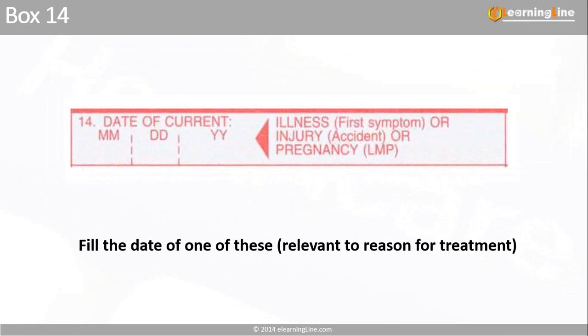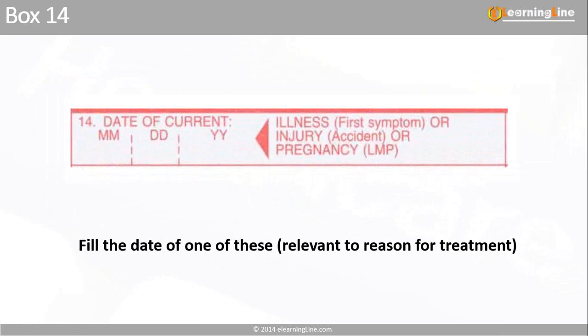So let's say the patient comes back because his knee was replaced, and now after 2-3 years he is having some problems. Now the date of current illness would be the time why the knee was replaced. The knee would not have been replaced just because the patient had some pain and walked into the office. No. It would have happened gradually.